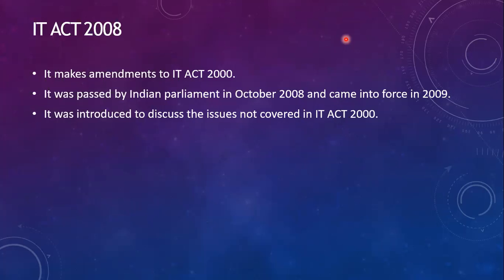The main reason was to introduce and discuss issues which were not covered in IT Act 2000. Right? So some amendments were made in IT Act 2000 to include all the issues which were not covered and try to make it much stronger.